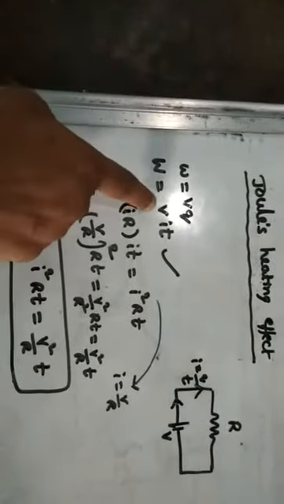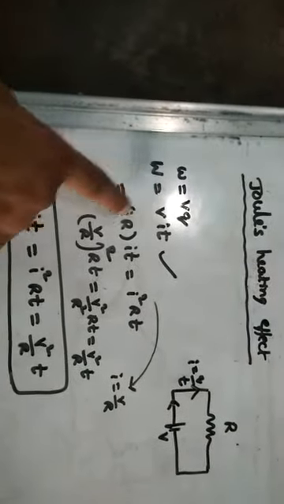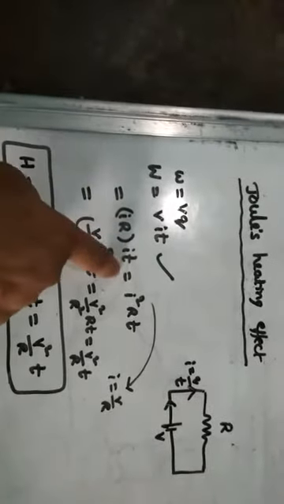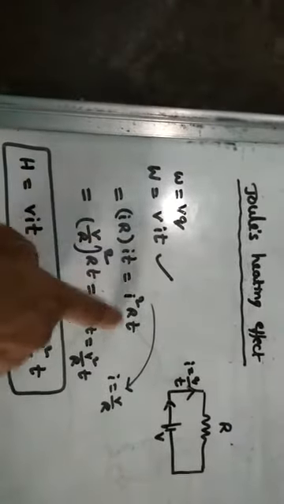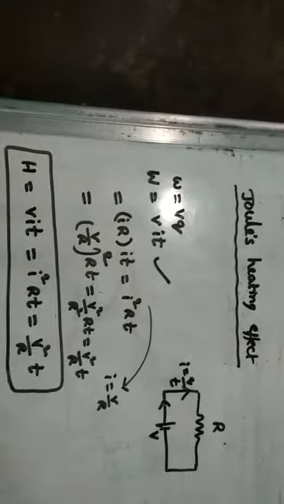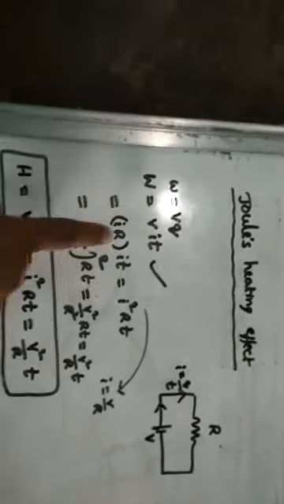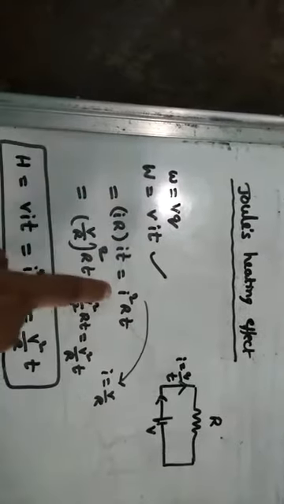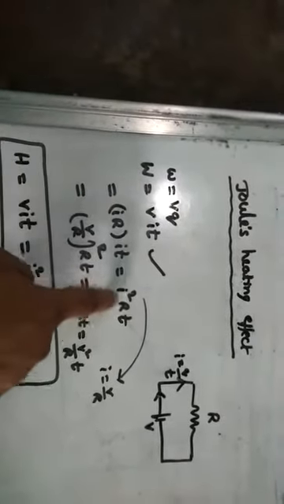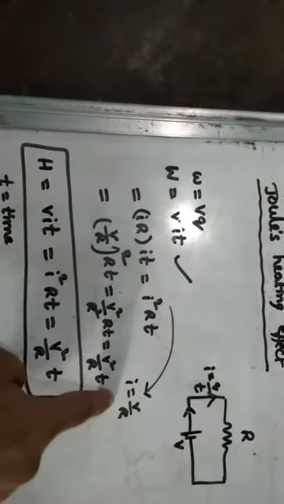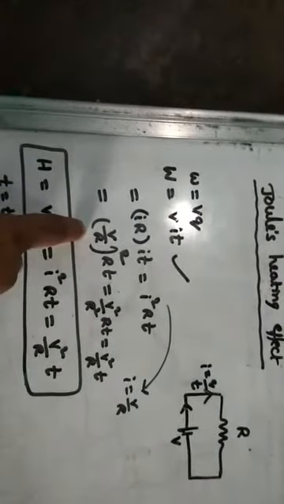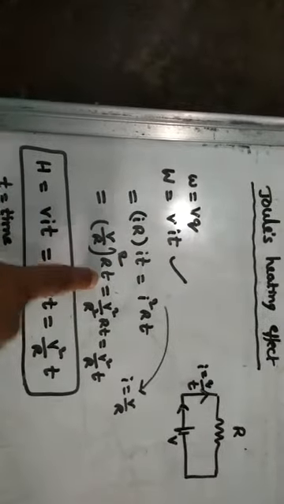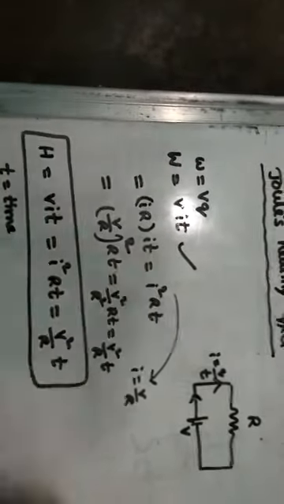Again I am modifying this formula, applying Ohm's law, V equal to IR, so W is I into IR into T, that is I square RT. So if you notice, here the formula is in terms of V and I. Here the formula is in terms of I and R. Again I am modifying this equation, I is equal to V by R, substituting this, V by R whole square RT, V square by R square RT.